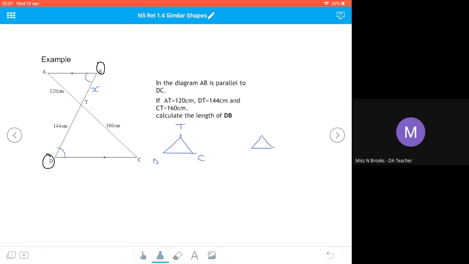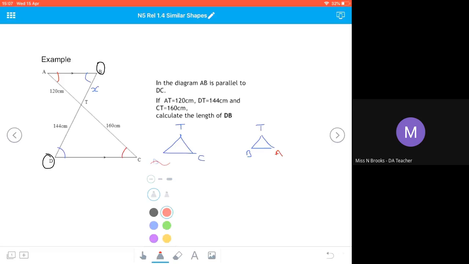So this is B over here. Angles at T are both equal because they're vertically opposite. And then using my Z-shaped angle, angle A and angle C are both equal. So my angle A is going to be over here. So now I can put the sides onto my triangles.